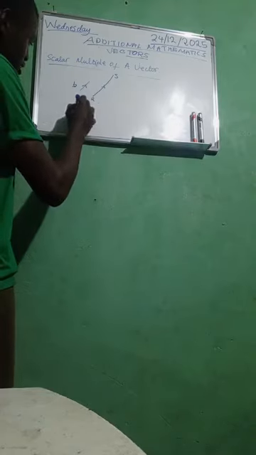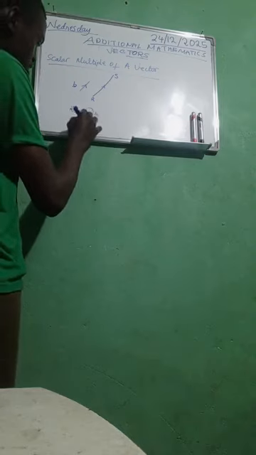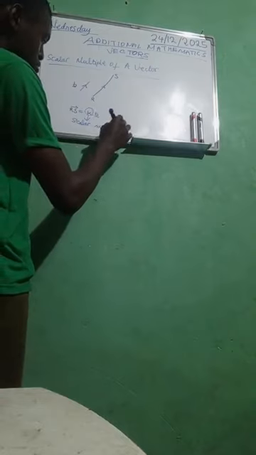We would know that vector RS is equal to K of vector B. So this K that we have denoted here, this is a scalar multiple. It's like the scalar multiple of the vector B.